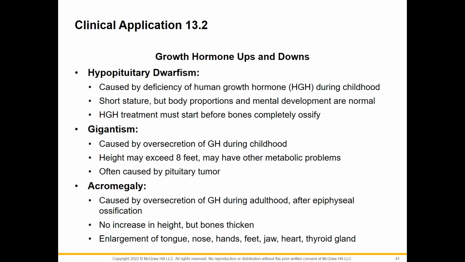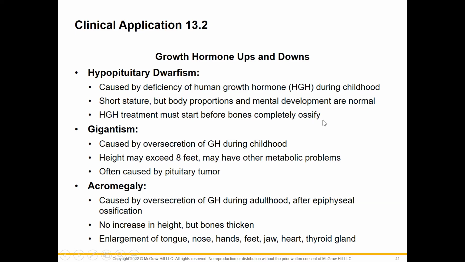If you think about other people who are short, little people, some of them have body proportions that are different from those who are average size. But for hypopituitary dwarfism, their body proportions will be normal, and their mental development will be normal. HGH, or human growth hormone treatment, must start before the bones completely ossify.